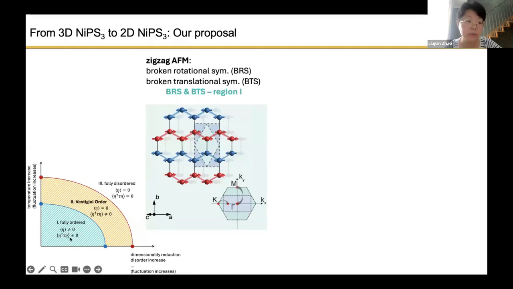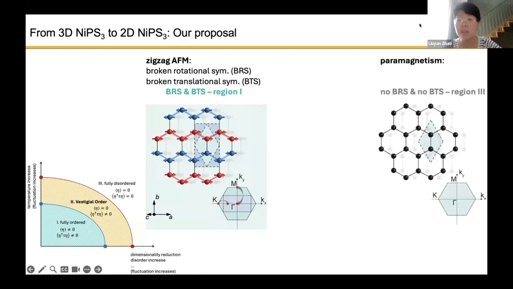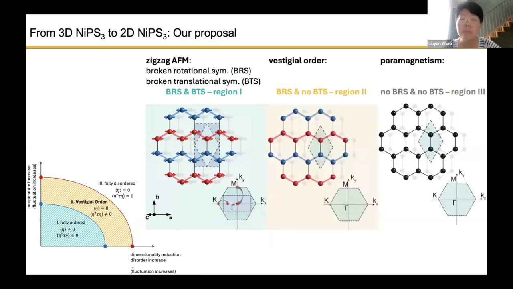This regime corresponds to the fully ordered regime that is marked blue in our diagram here. Then, in the paramagnetic regime, we will have no rotational symmetry breaking and no translational symmetry breaking. This is just the bare lattice itself. This corresponds to our regime 3 in the phase diagram, the fully disordered regime. So there can be an intermediate regime where only one symmetry is breaking.